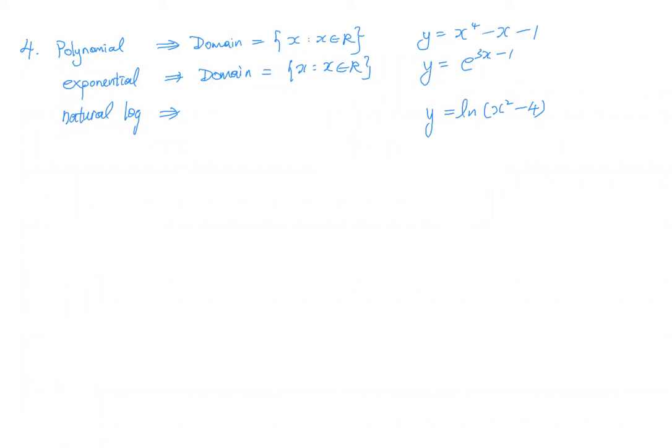Ethan, Sue: the x squared minus 4 should be greater than 0. Yes, you are right. That means whatever is inside the ln, this whole thing.